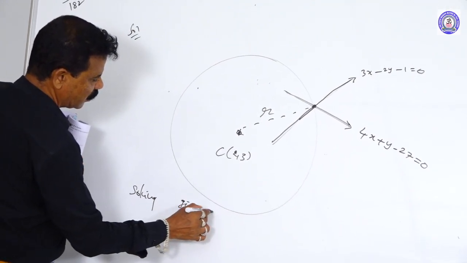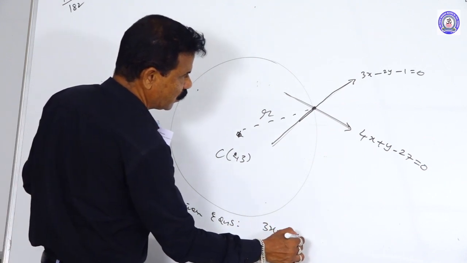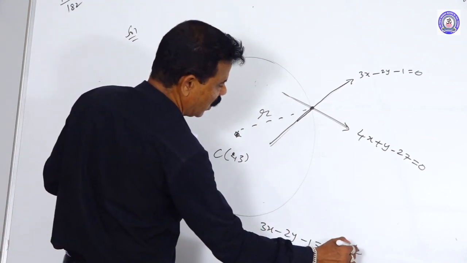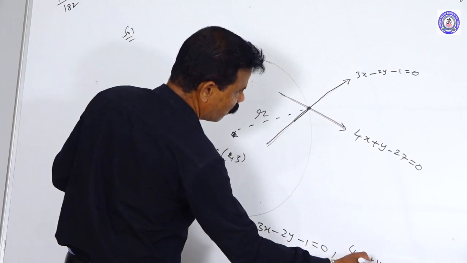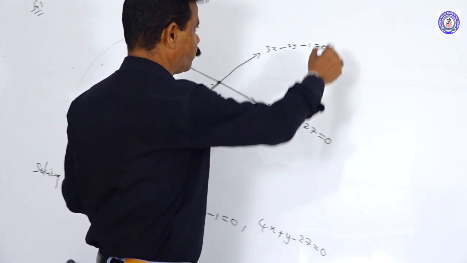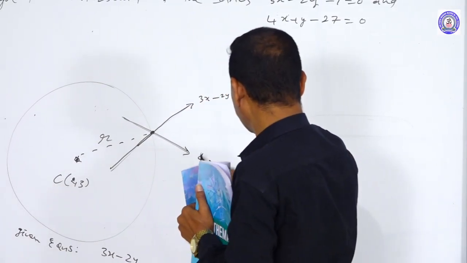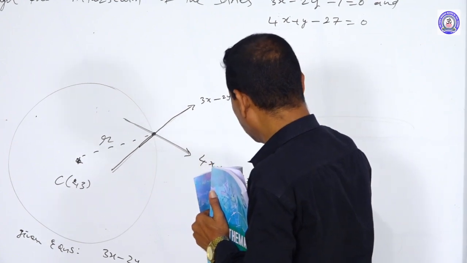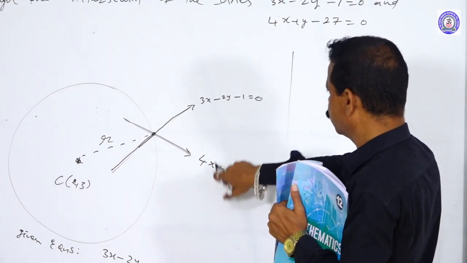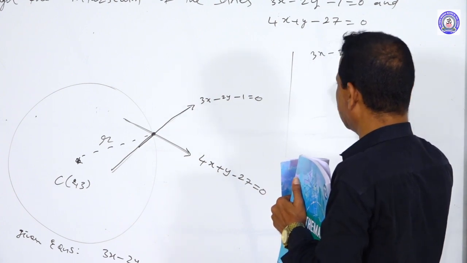3x minus 2y minus 1 is equal to 0 and 4x plus y minus 27 is equal to 0. Here 3x, here 4x, here 2y. So multiply with 2 here. 3x minus 2y minus 1 is equal to 0 as it is.